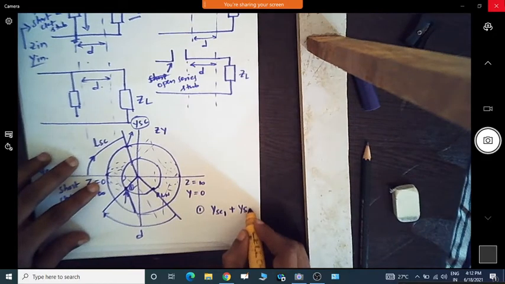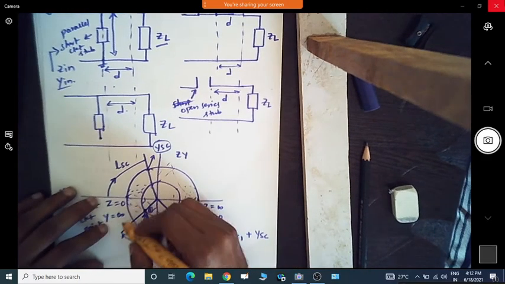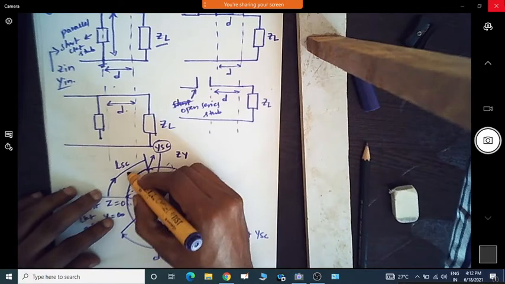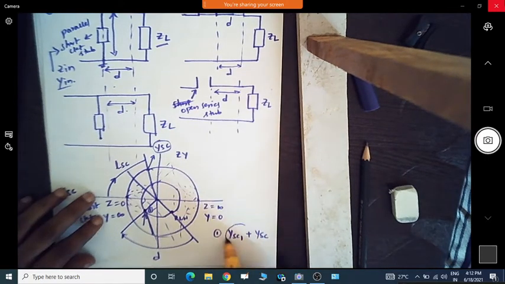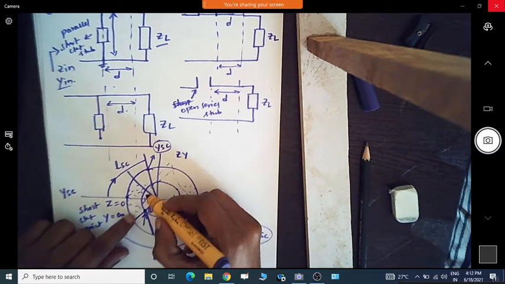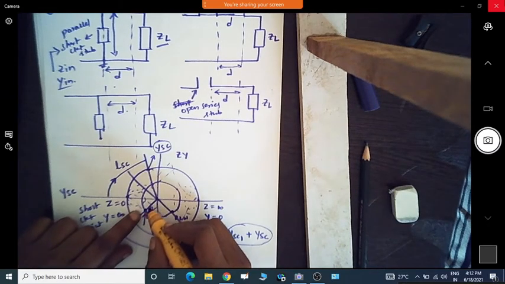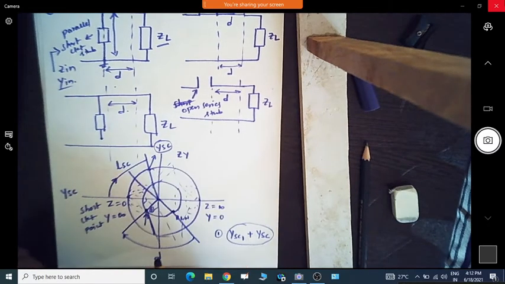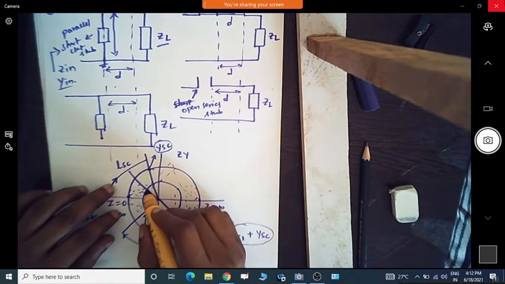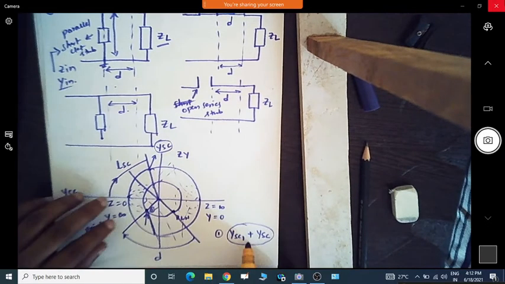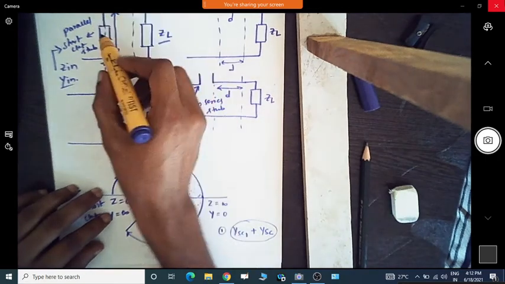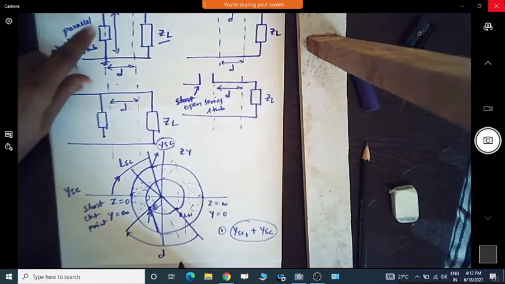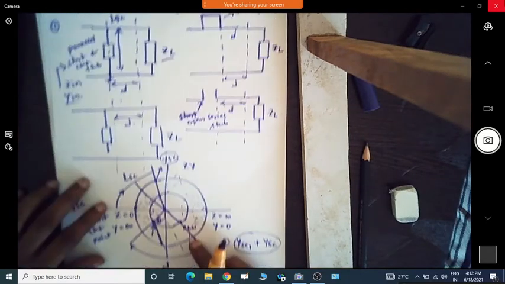So after adding this susceptance, since we are adding susceptance, we have to move on the conductance circle. After moving on the conductance circle, we get the total susceptance after adding, and we get the point.